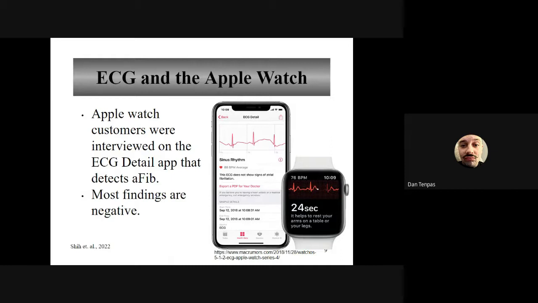The themes that came out were the values, the meanings, the possibilities, and limitations that consumers placed on this early disease detection device. So what did they find? The findings of this particular study were that consumers' medical knowledge and practices associated with the watch and the app on the watch were really shaped more from market agenda, because they want to make money, right?